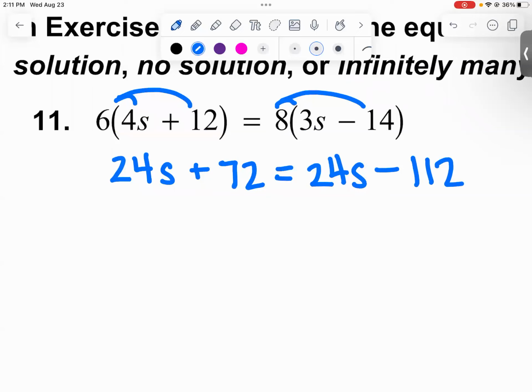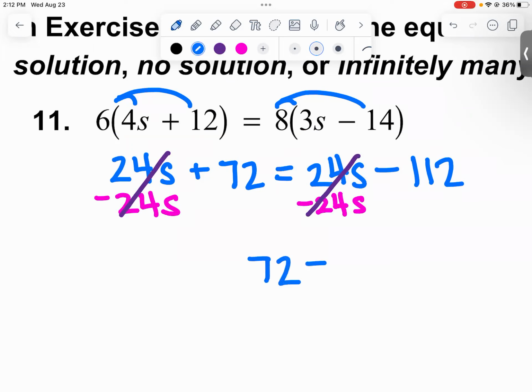All right. If we want to get the variable to the left side, you've told me that's kind of what you like, then we would need to take this 24s and subtract it over. All right, what happens? Our s's cancel out and we have 72 equals negative 112. How often does 72 equal negative 112? Never.